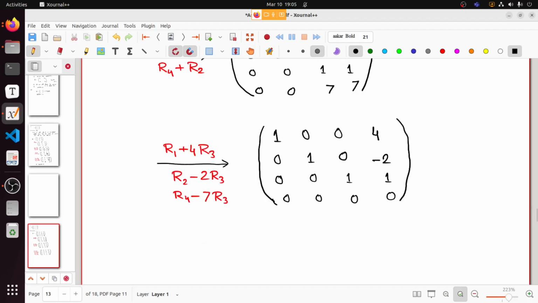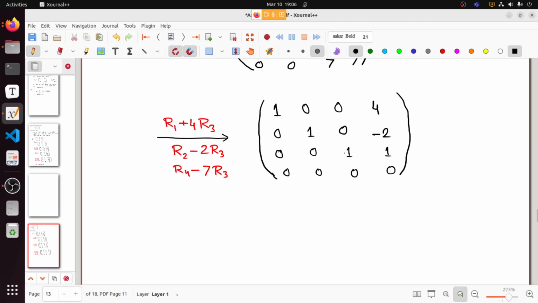And now see that this matrix is in its row echelon form.